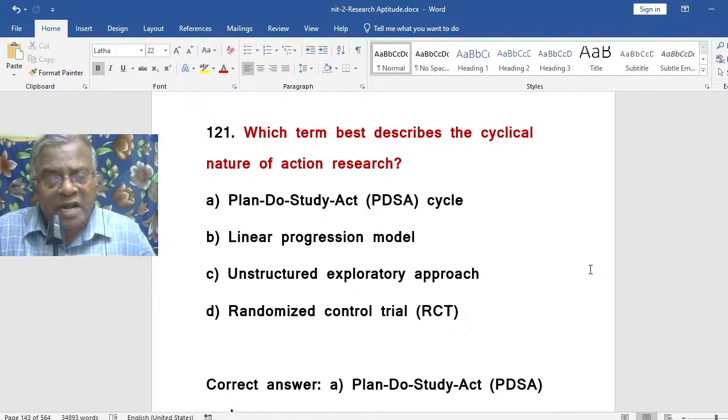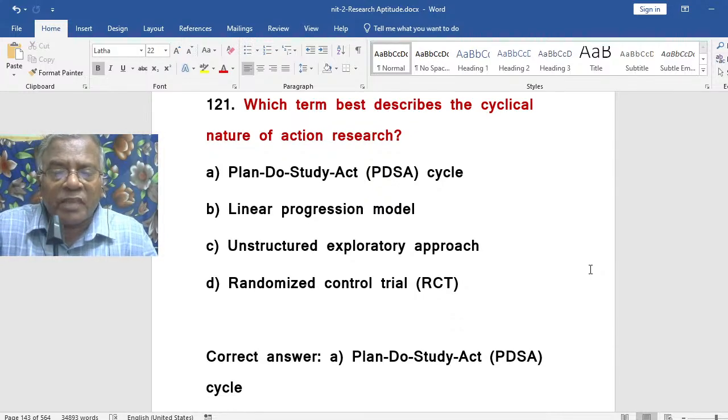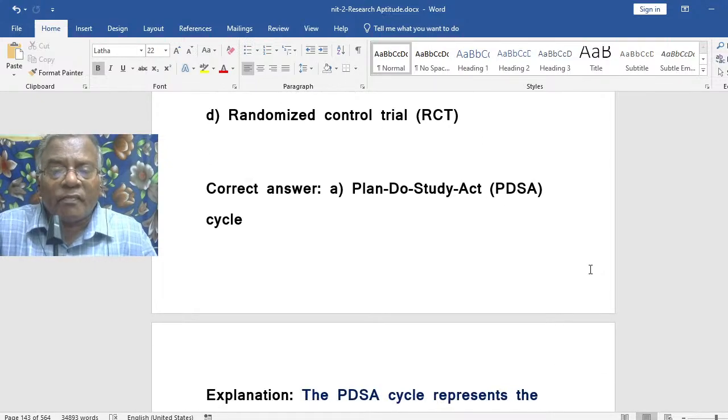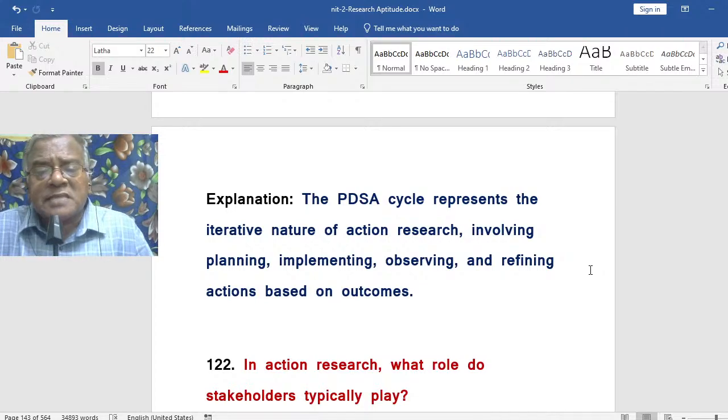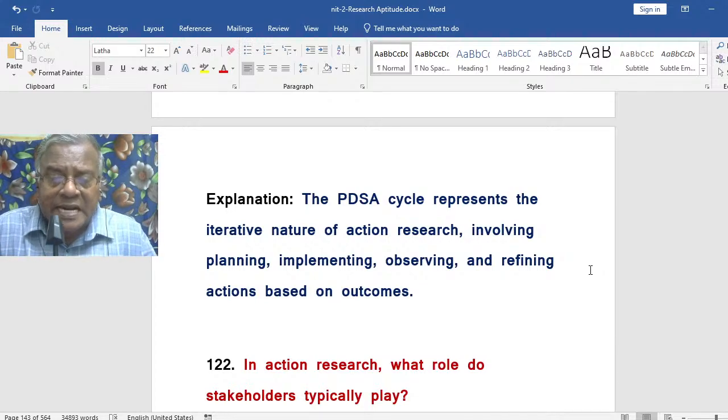We understand the steps through this. The PDSA cycle represents the iterative, repetitive nature of action research, involving planning, implementing, observing and refining actions based on outcomes.